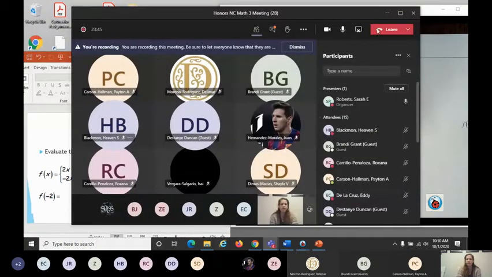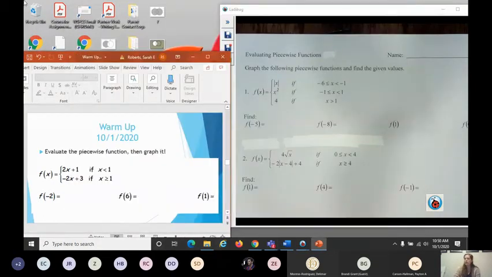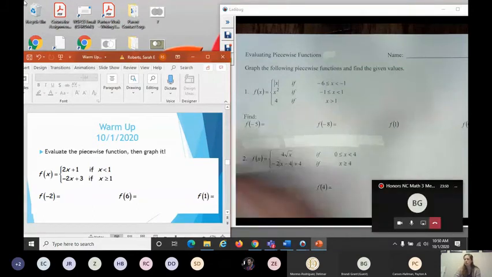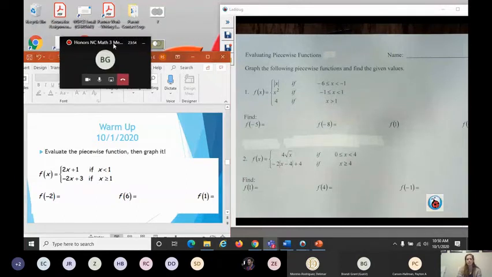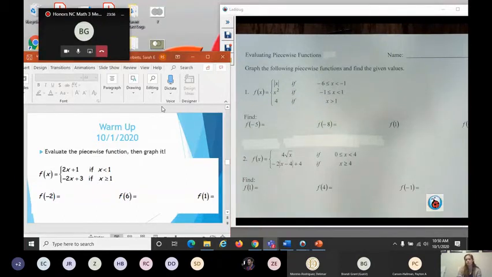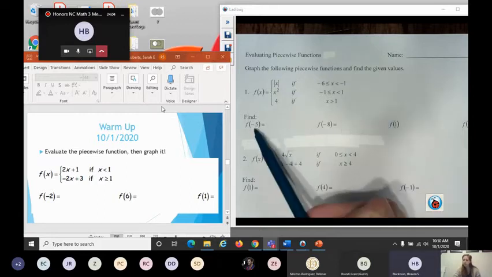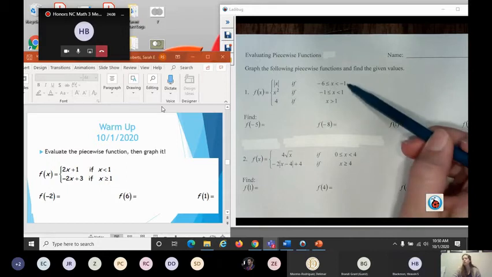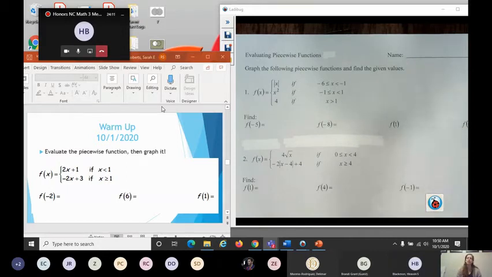Heaven, for f of -5, which of these 3 domains is it going to be in? We have our x value as -5. Which of these 3 inequalities is -5 going to be included in?